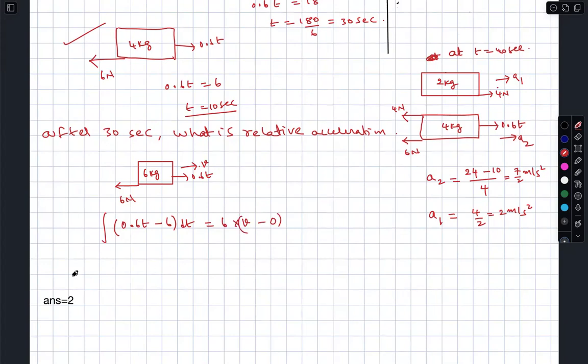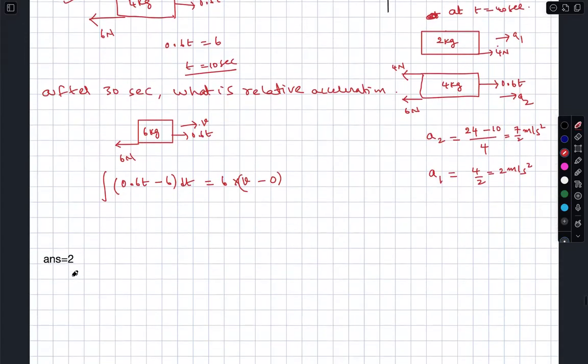So at 30 seconds, what is happening? We will work. 0.6t, t is equal to 10 to 30. Do the integration part. So you will get 0.3 times t square, 900 minus 100, and then 0.6 minus 6 into 20 is 6v.